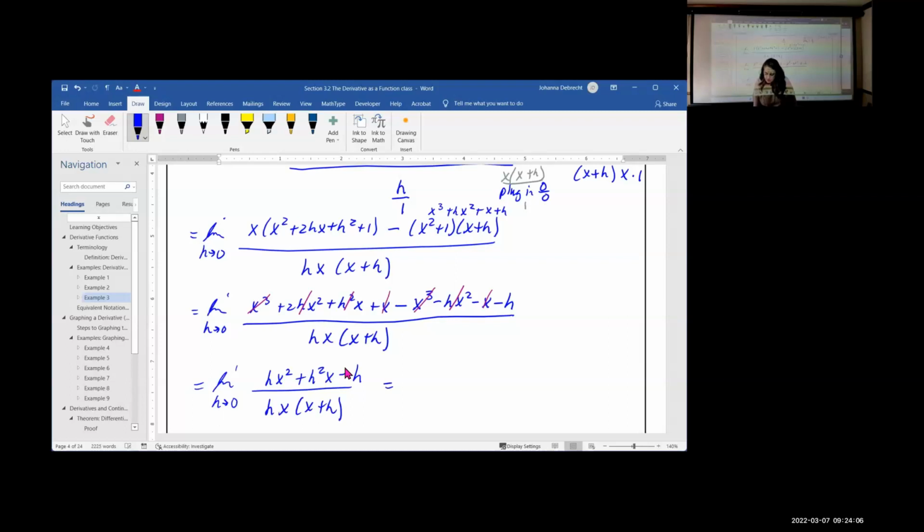We still haven't found the factor that was causing the 0 over 0, but there's an h factor in the numerator. So you factor it off the terms of the numerator. What I've done is I've taken the h from the numerator and factored one of them out of each term, which leaves behind x squared plus hx minus 1.